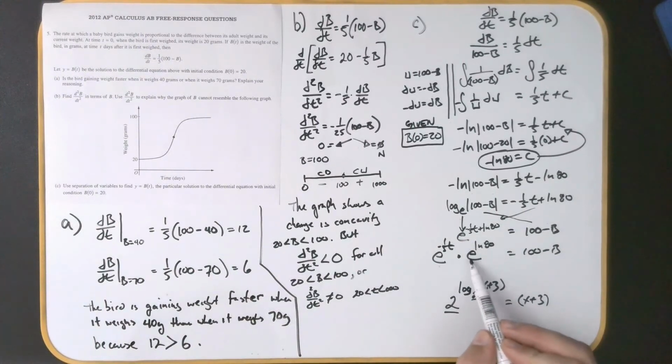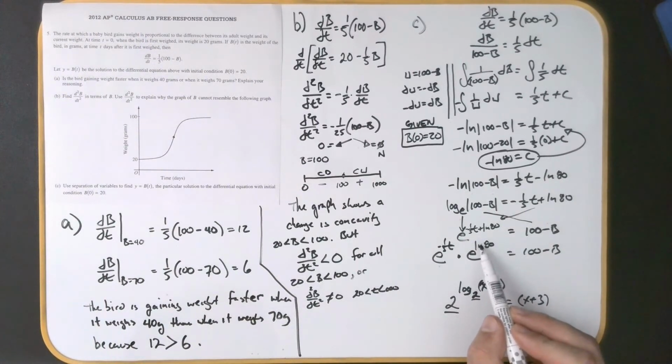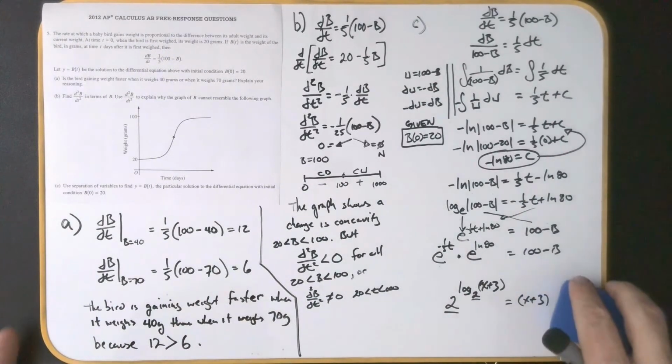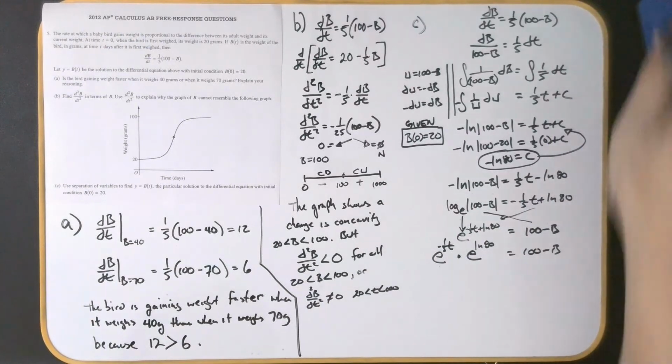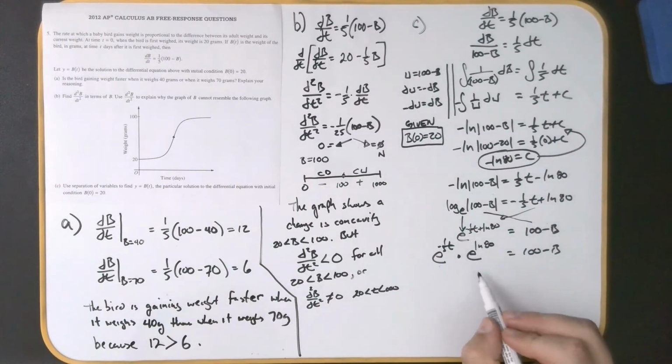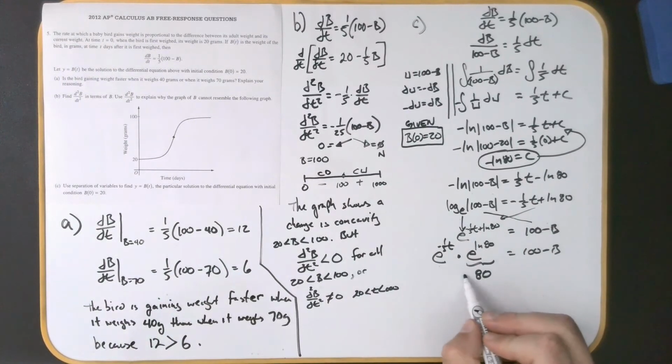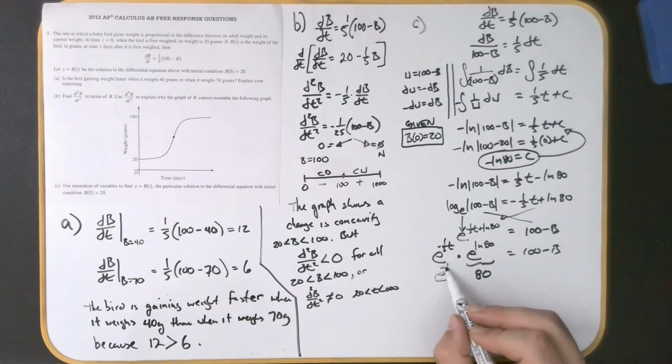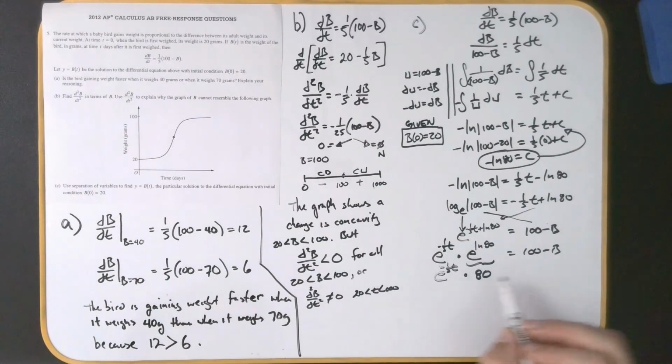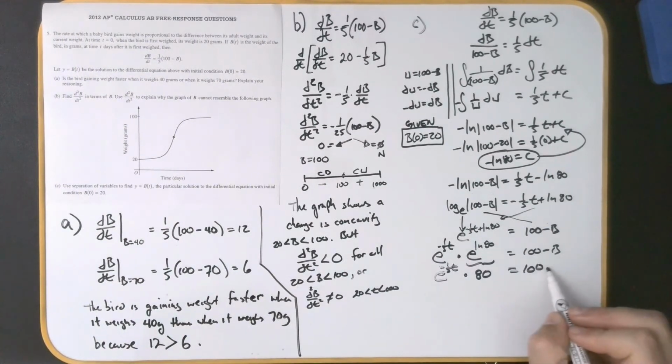Well, this right here, the exponent is a logarithm with a base of e. So if you want to, you could think of it as canceling each other out. It's not really the exact way to say that, but it works. So this actually winds up just equaling 80. So I have 80 times e to the negative 1/5 t, and that's equal to my 100 minus b.